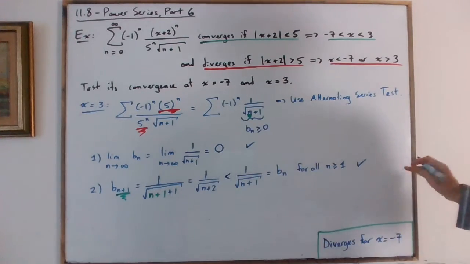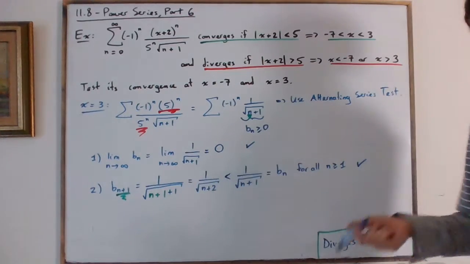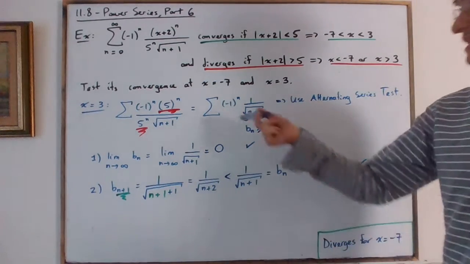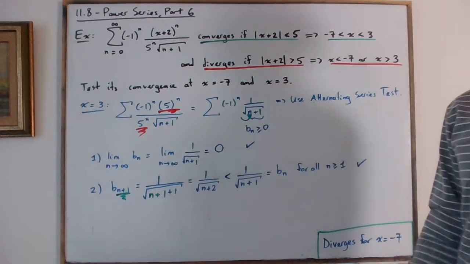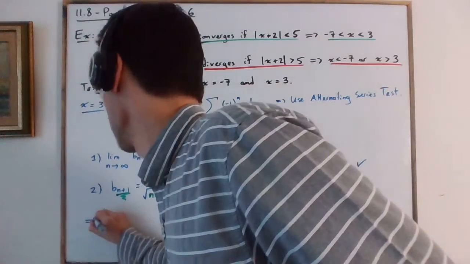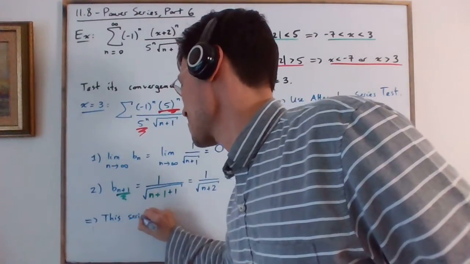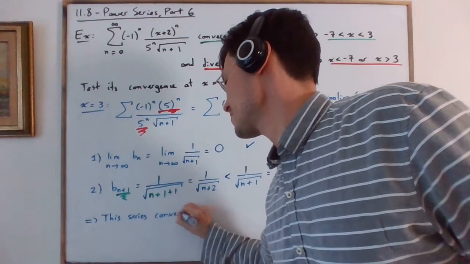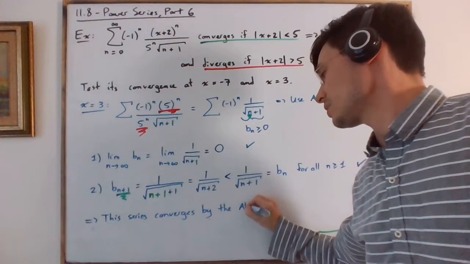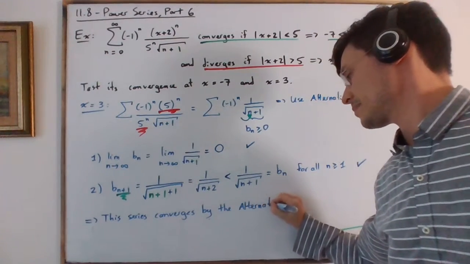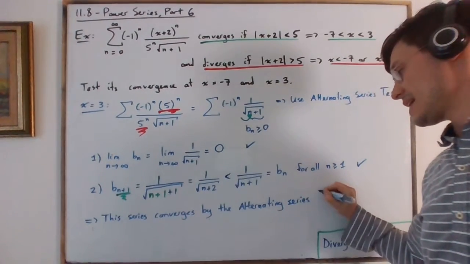So all right. Now that we have shown that these two conditions are verified, it means that this series converges by the alternating series test. So this series converges by the alternating series test.